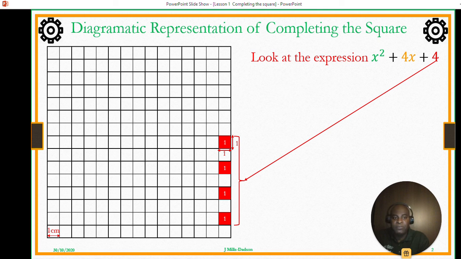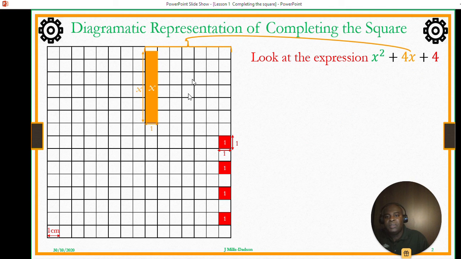So that's my 4 units. Then I need area to represent 4x. That is 1 cm, and that is x, so the area of this bar is x. And I need 4 of those bars. So I have my 4 x's. So we have 4 units and 4x.